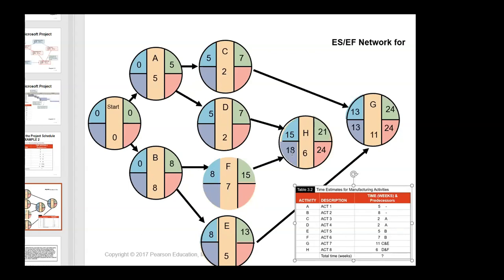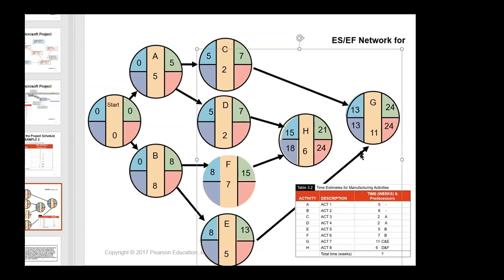The next is H and G. So H has D and F, the two in the middle. I connect them to H. And G has C and E. That's why I put them on the outer part of the network, because they both can connect to G.